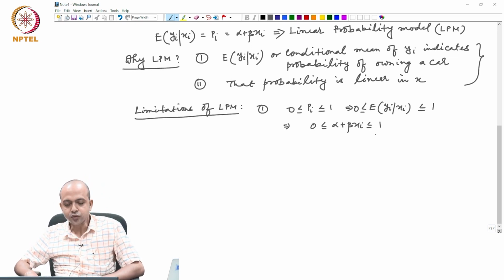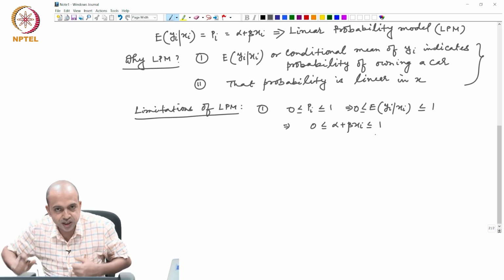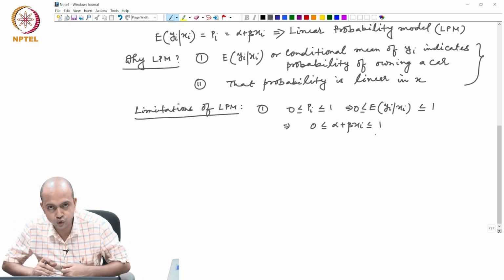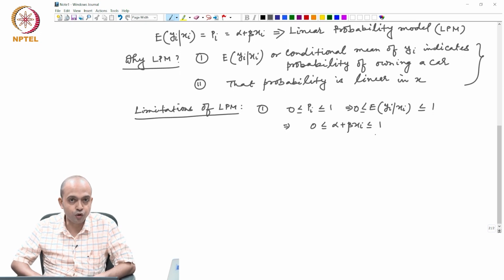Suppose xi denotes income; we are trying to understand the probability that a household will own a car from its income.